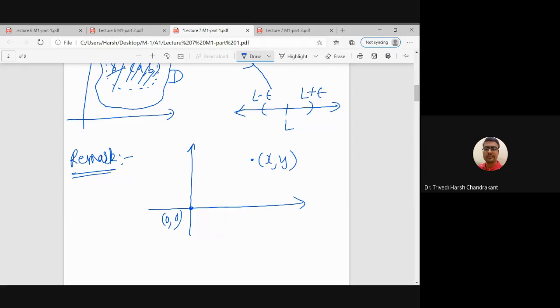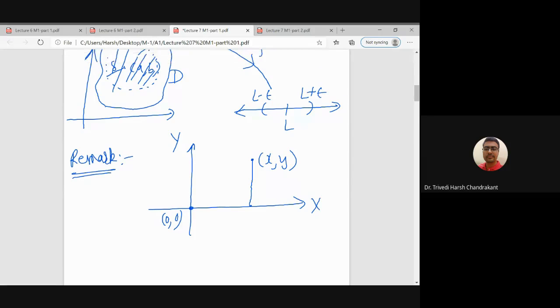So we have the point (x, y). First we will project it on the x-axis. If you project, then basically what we are taking is y equal to 0. So we are applying the limit y tends to 0, and our point approaches (x, 0). And then we can take x approaches 0, so now (x, y) will approach the origin.